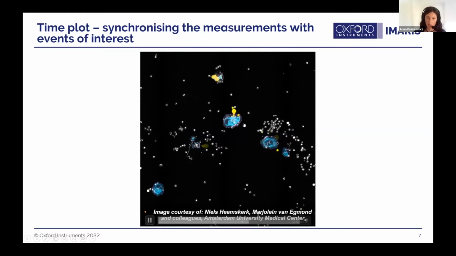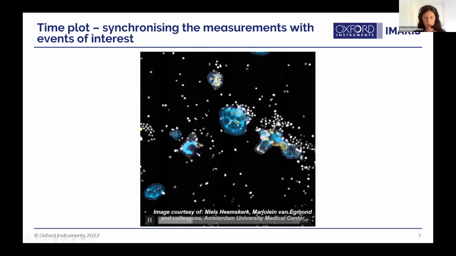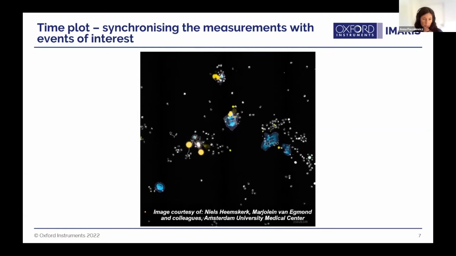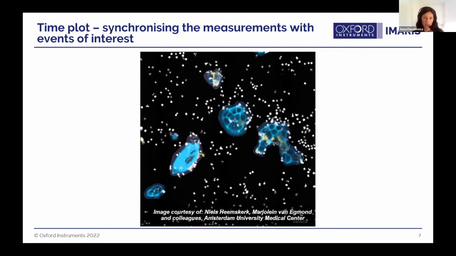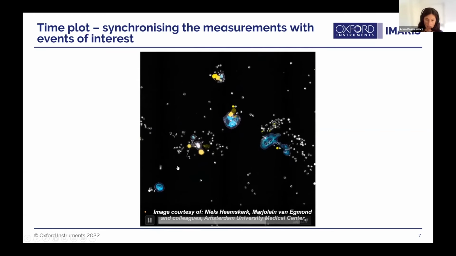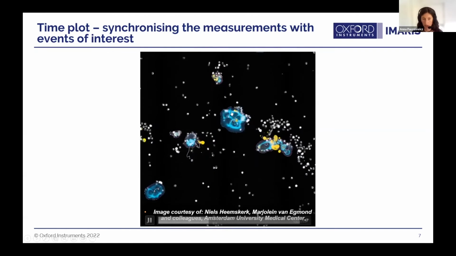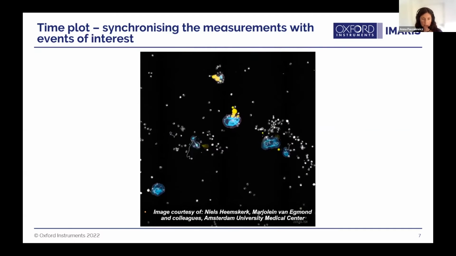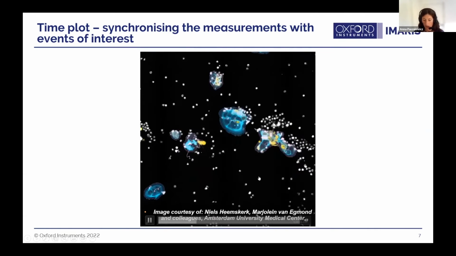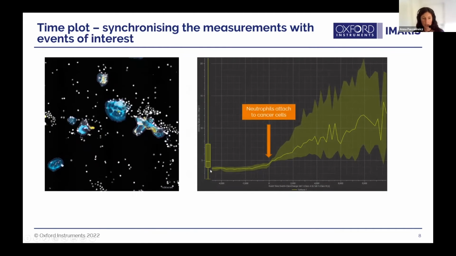So here the question was: is the touching of neutrophils, the connection of neutrophils to the cancer cell, related to the caspase activity, and does it actually trigger the apoptosis event? You can clearly see that this event, the touching of the cancer cells by neutrophils, happens at different points in time for every cancer structure. So this is where it's important to synchronize the measurements.